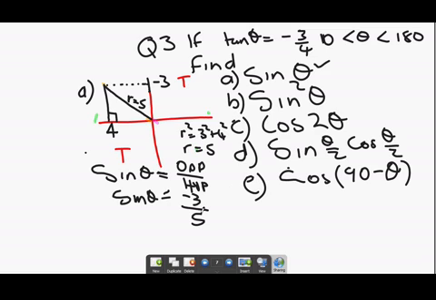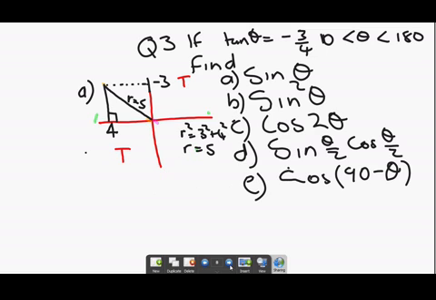Let's go to B. We still have the same diagram, but now they are talking of sine squared theta. Now I must write sine squared theta is the same as opposite over hypotenuse, squared.